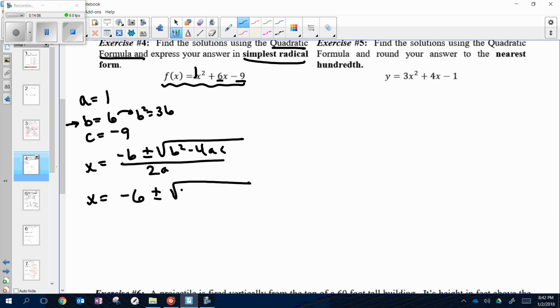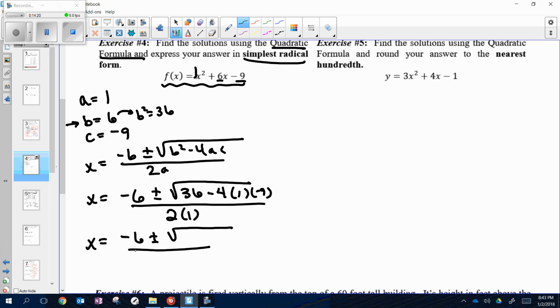B squared, which is 36, minus 4 times A times C. A is 1. C is negative 9 all over 2 times 1. So I got negative 6 plus or minus the square root of something all over 2.